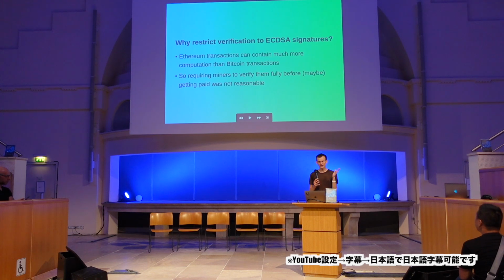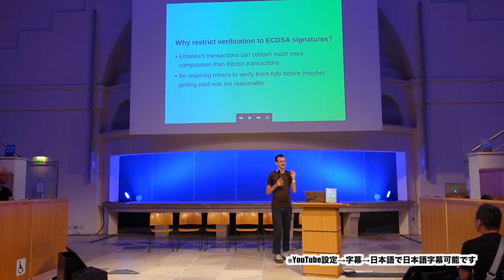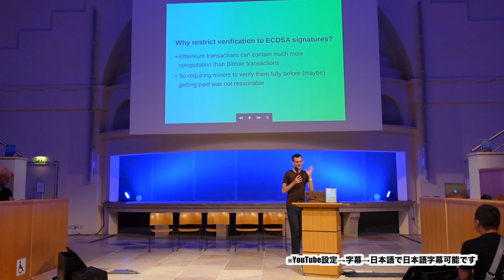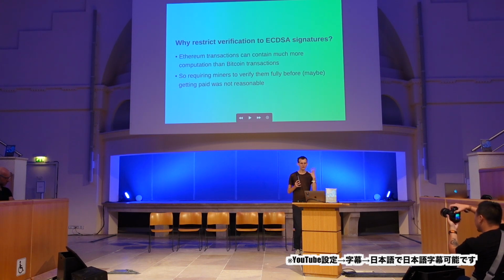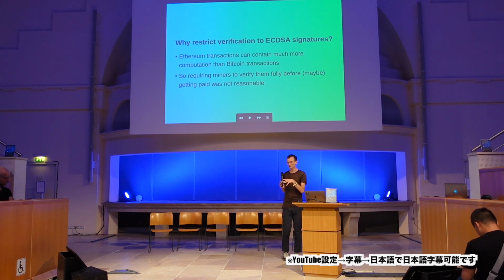But verification in Ethereum is actually extremely restricted, right? For verification, the only thing that can be verified in an Ethereum EOA is a private key using ECDSA signatures, right? That's it. That's the only thing that you're allowed. And so the question to ask is, well, why was the EVM, the Ethereum contract language, only used for the execution part of a transaction and not used for verification, right?